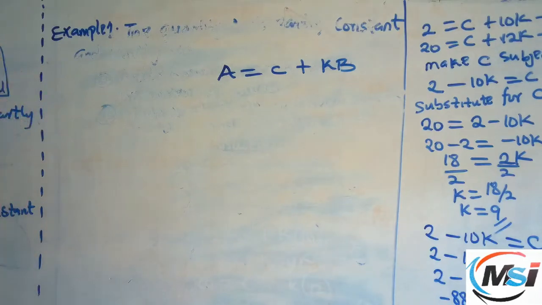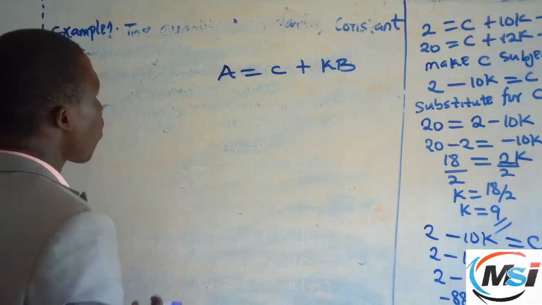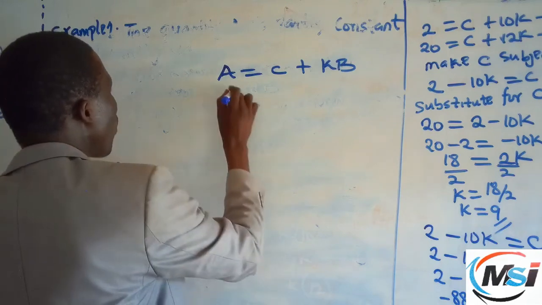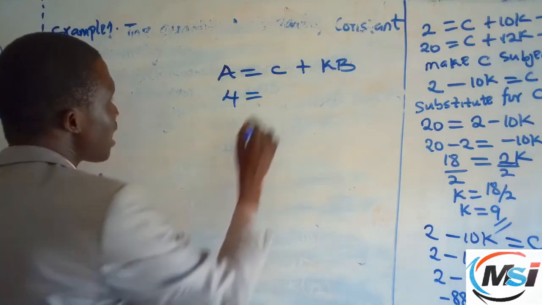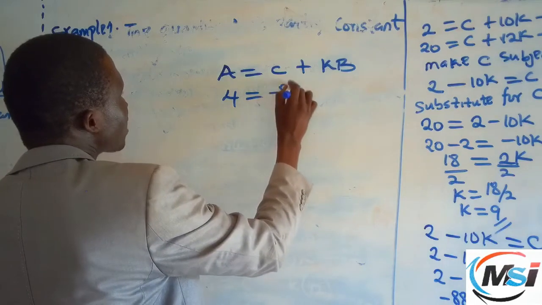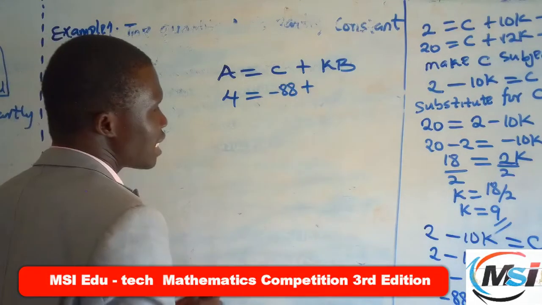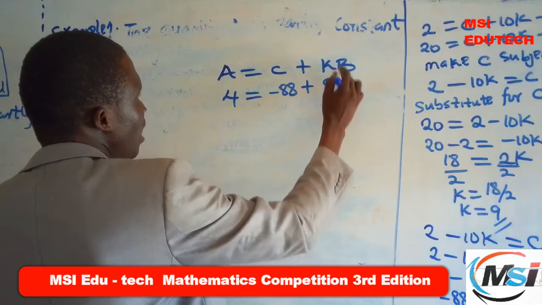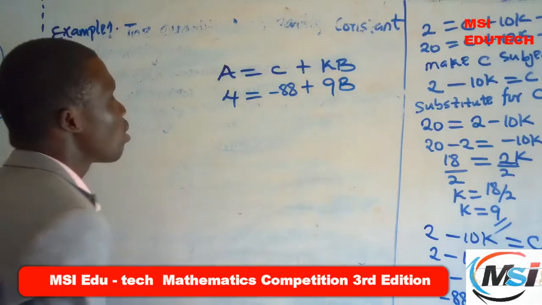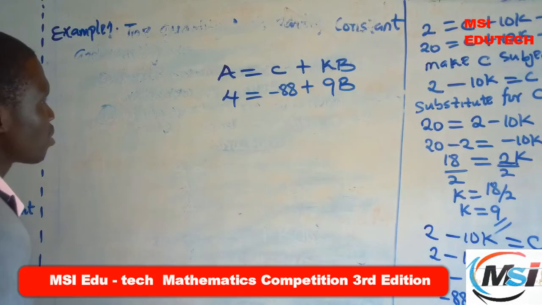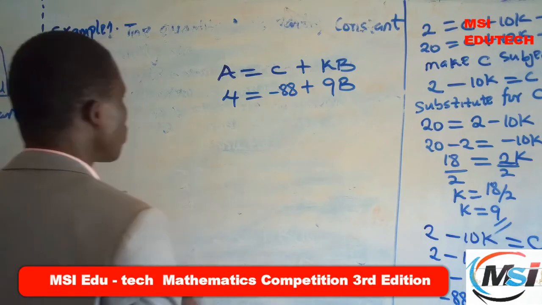Now, what we are looking for is B when A equals 4. A is 4, C is minus 88, K is given to us as 9, and B is what we are looking for. So, what are we going to do?